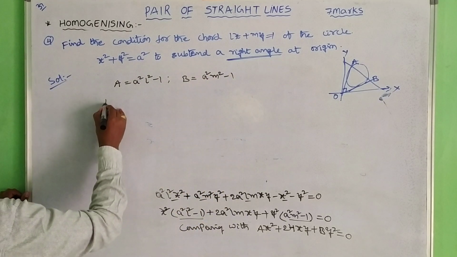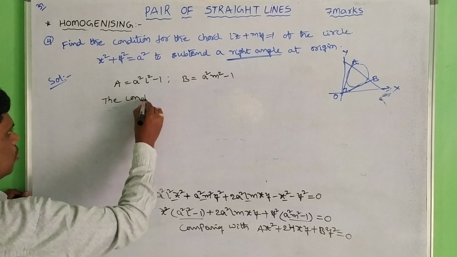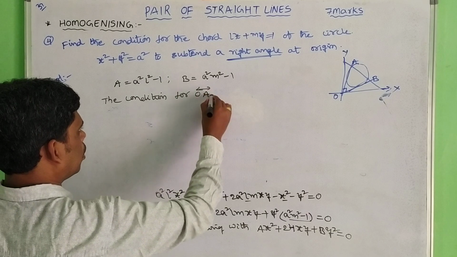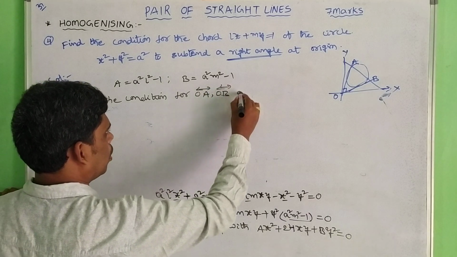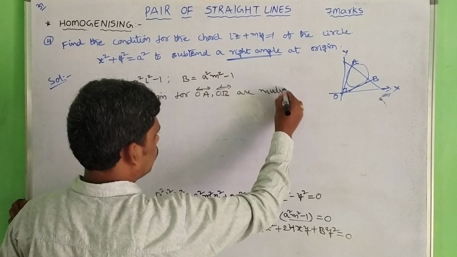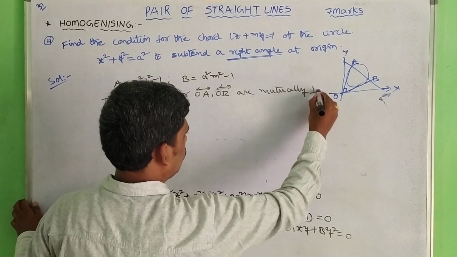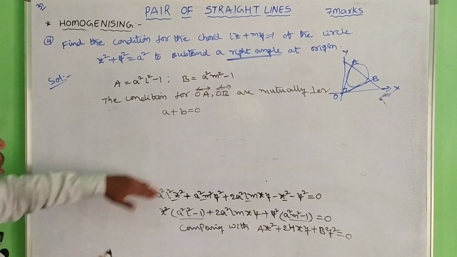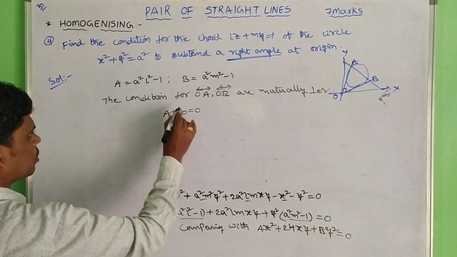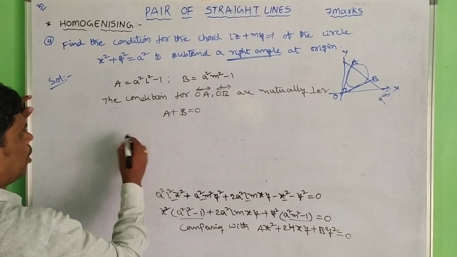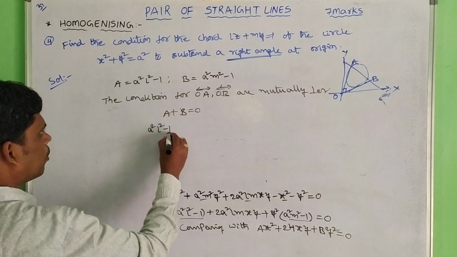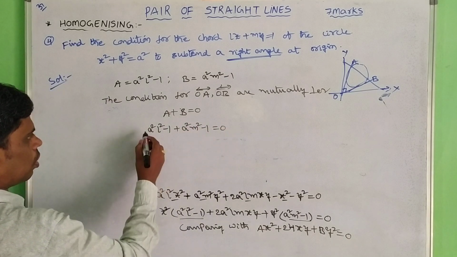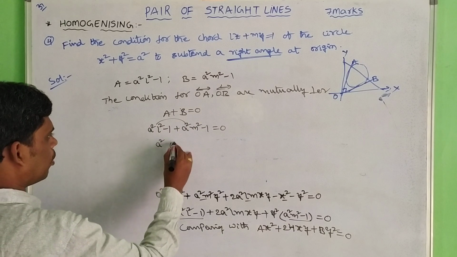The condition for OA and OB to be mutually perpendicular is A plus B equals to 0. Therefore, capital A plus capital B, where capital A equals a square l square minus 1 and capital B equals a square m square minus 1, equals 0. a square is common in these two terms.